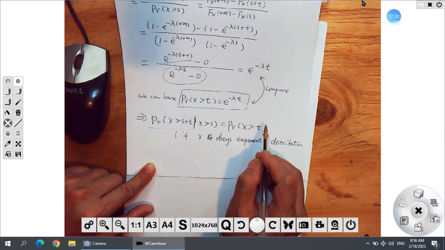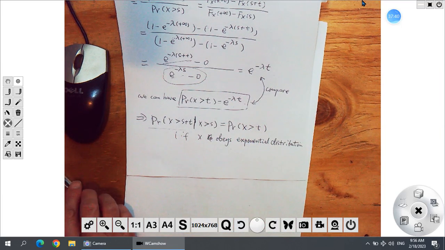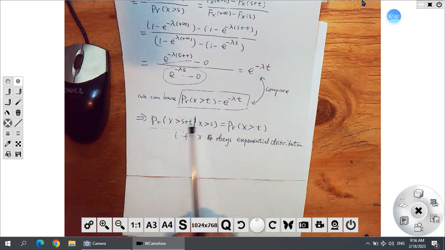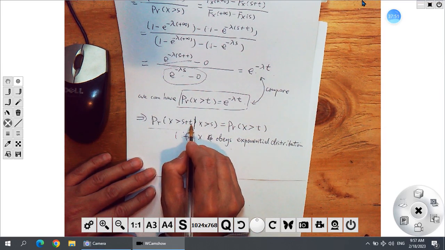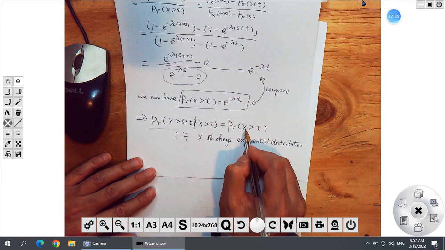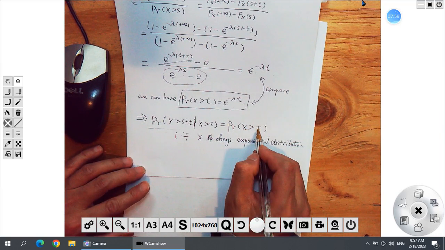So you can think of something like it is working, right? You already know x is larger than s. Then x gives even more values, going to t, and it will be the same as if you just had x without any condition, just going to t.